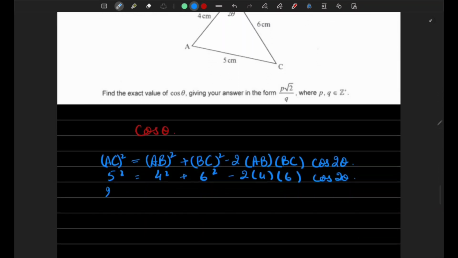Solving the equation, we have 5 squared is 25, 4 squared is 16, 6 squared is 36, minus 48 cos 2 theta.